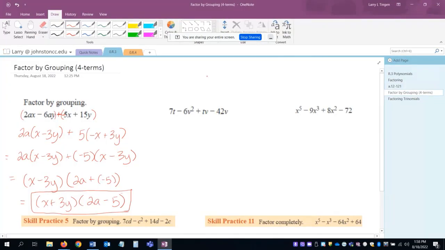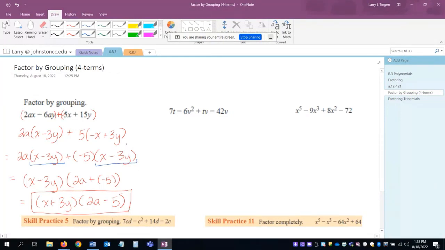All right, where is the confusion rising? Okay, so I've got, so is it that factoring out the x minus 3y? Think so? Okay, so x minus 3y.